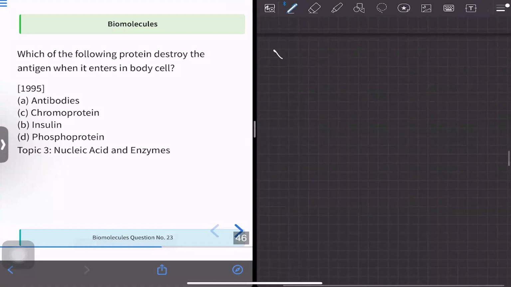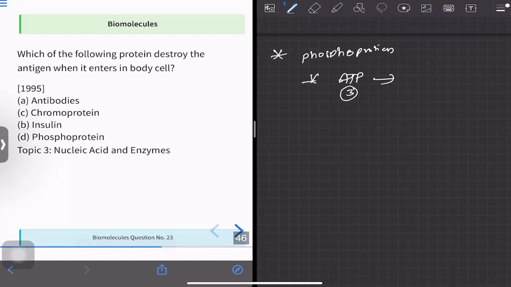Option D, phosphoprotein. We all know that in ATP we have phosphate bonds. Whenever one bond is broken, it produces ADP and some energy.